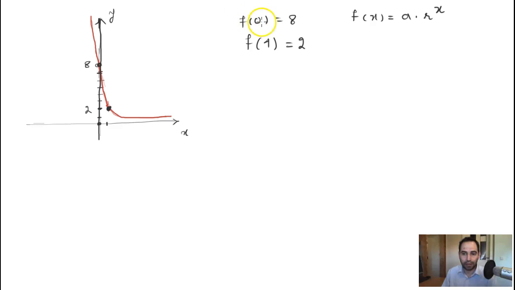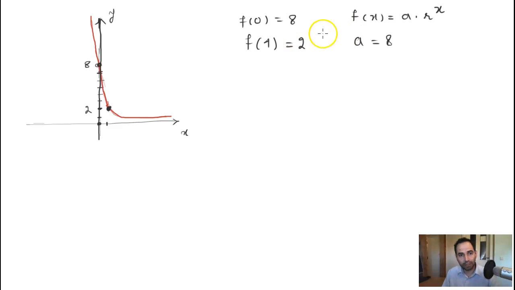Again, I don't need to go through the same reasoning again: because at x equal to 0 your output is equal to 8, that 8 becomes your a. So a is equal to 8.